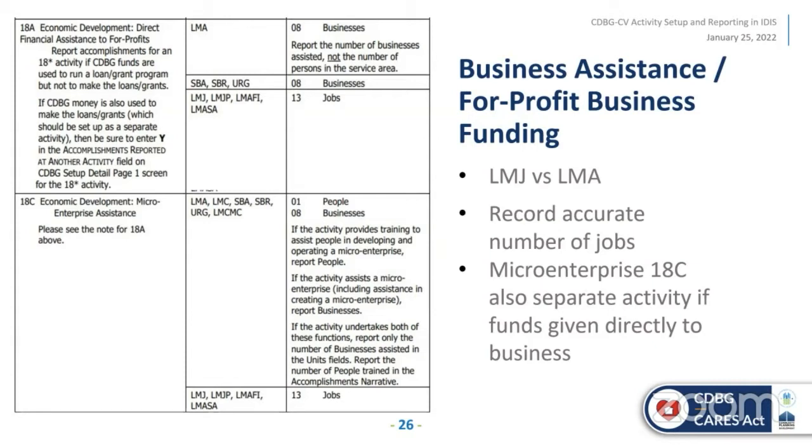So if you're able to be counting the number of jobs created, that's preferable. There are some 18C from micro enterprise qualification as well, and that's also okay. But counting jobs is really HUD's preferred way to do this.